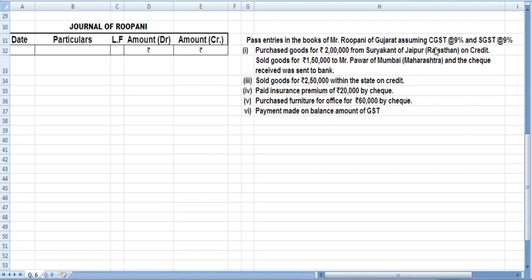Why it will become as IGST? Because this is interstate transaction. The goods are purchased from Rajasthan, and so 9% plus 9% will become as IGST. So for first point, purchased goods for 2 lakh from Suryakant.